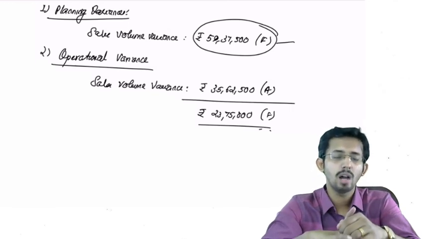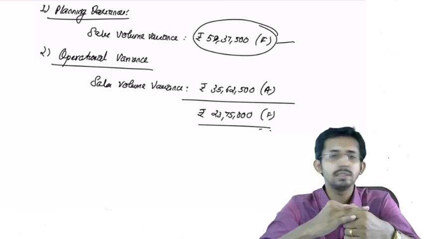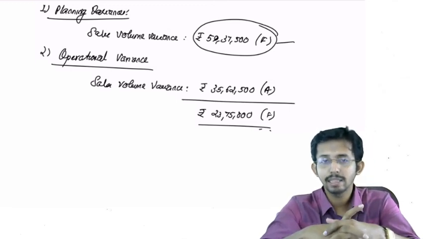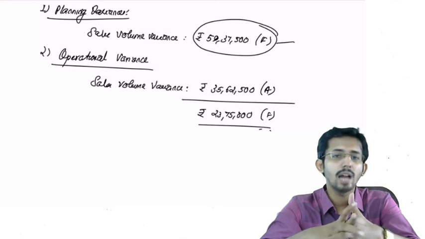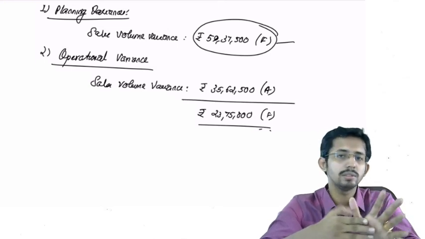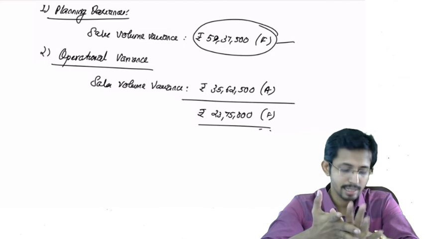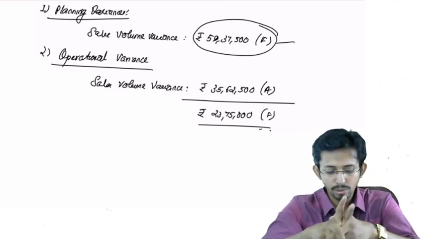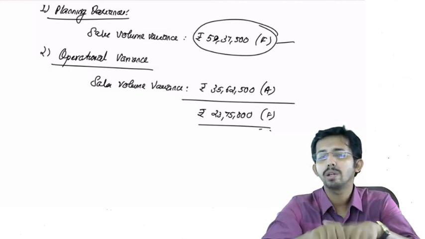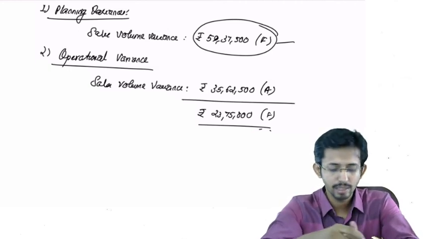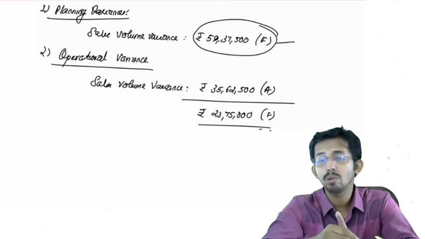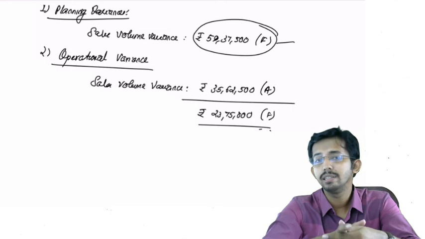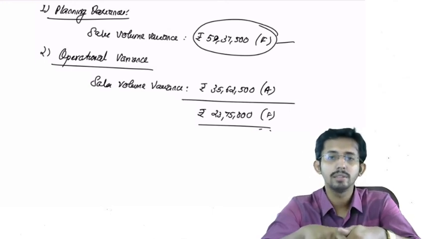However, on in-depth analysis, it can be understood that the actual operational variance on account of sales volume variance is rupees 35,62,500 adverse.